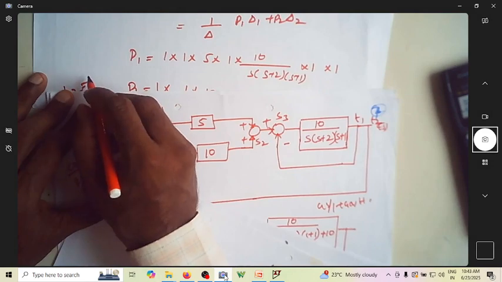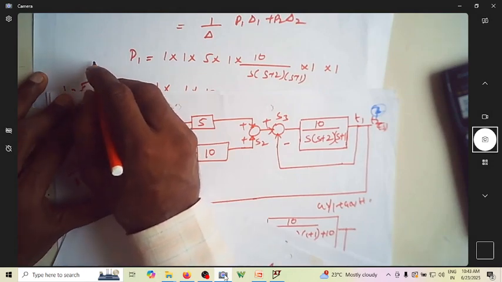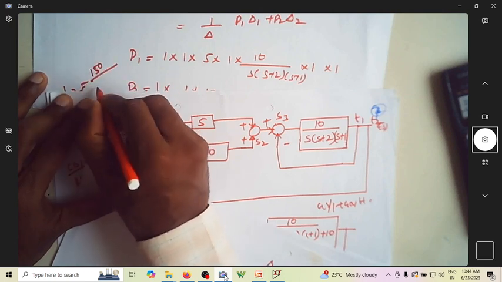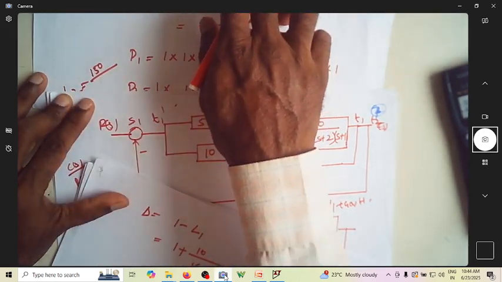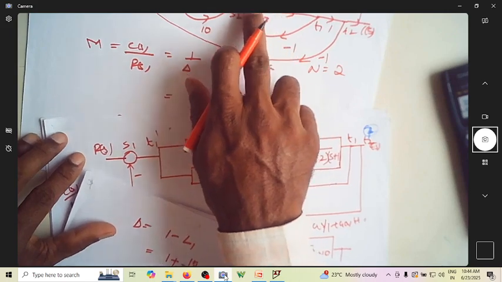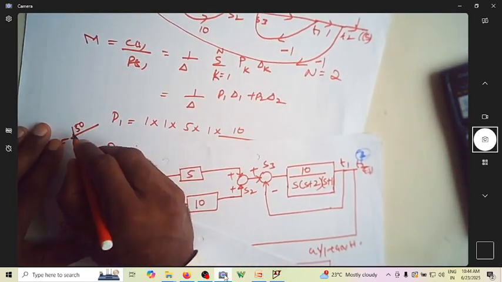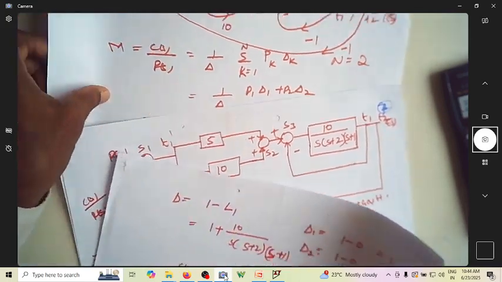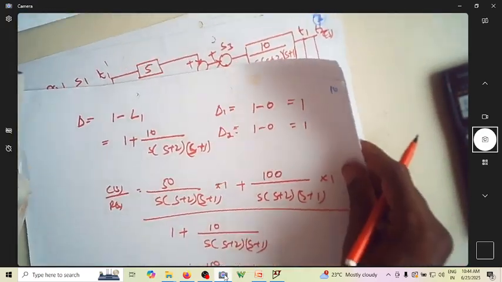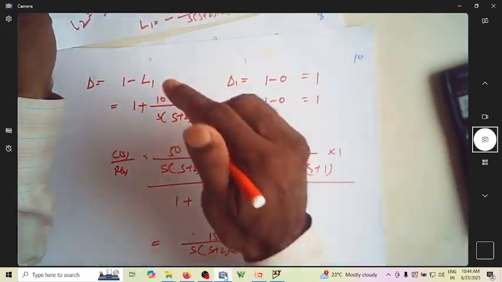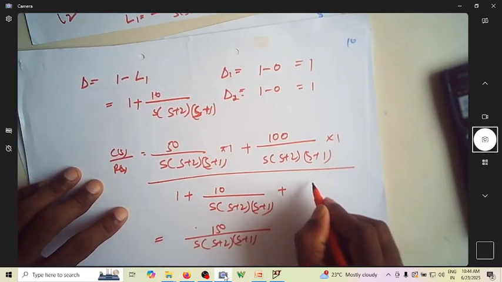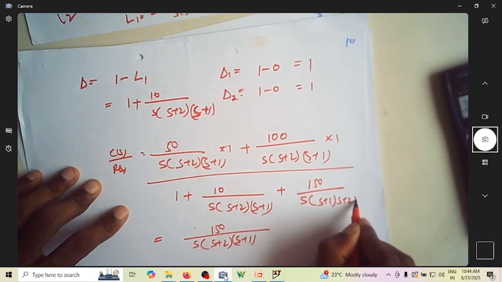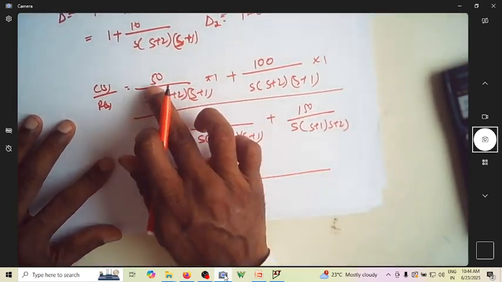So L2 is nothing but 150 divided by s into s plus 1, s plus 2, because this entire thing is that. So that is the second loop. Of course it is minus. So let me write this: 150 by s into s plus 1, s plus 2. Correct.